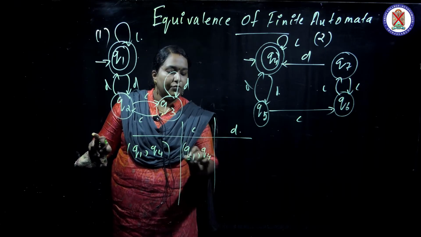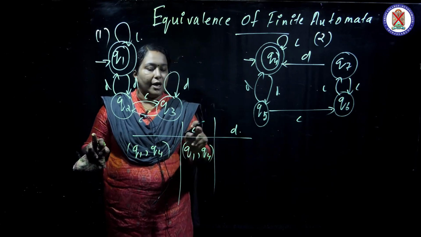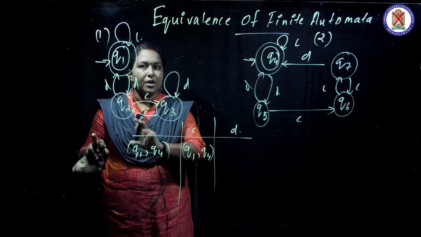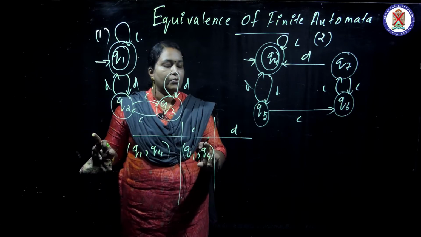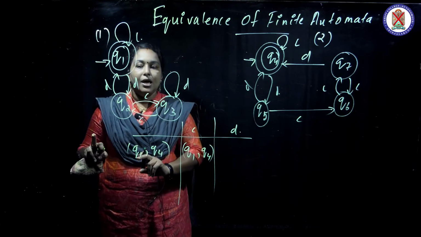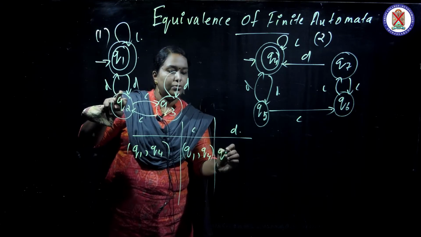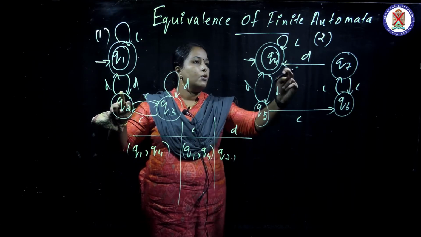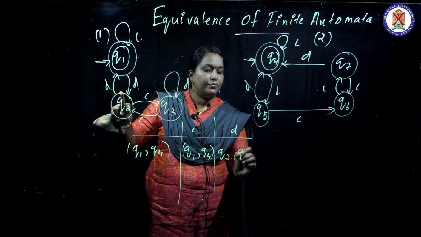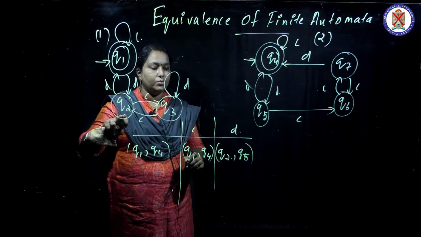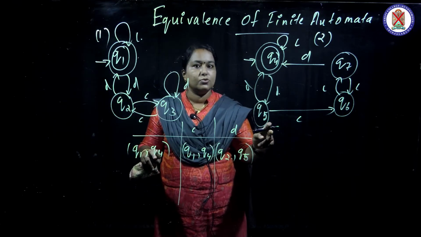So I have made the transition for C for both states, Q1 from the first automata and Q4 for the second automata. Next, look at D. Q1 on D goes to Q2 and Q4 on D goes to Q5.